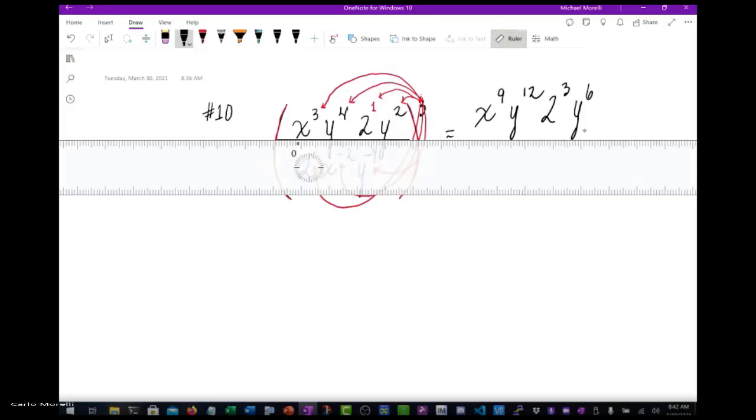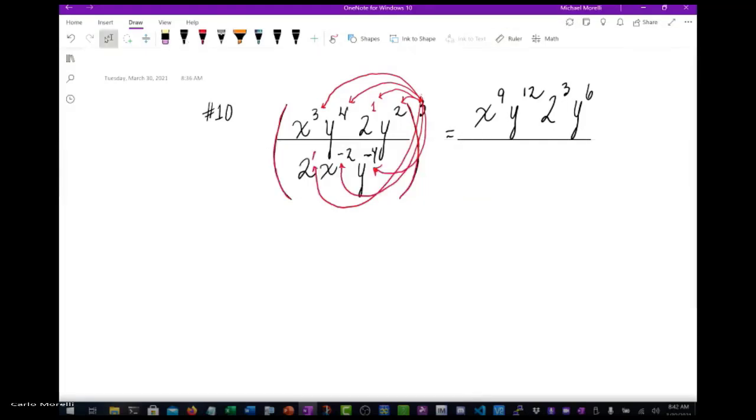Bring that ruler back. Down here, I've got 2 to the power of 3, 1 times 3. X to the power of negative 6, which is negative 2 times 3. And y to the power of negative 12, which is negative 4 times 3.